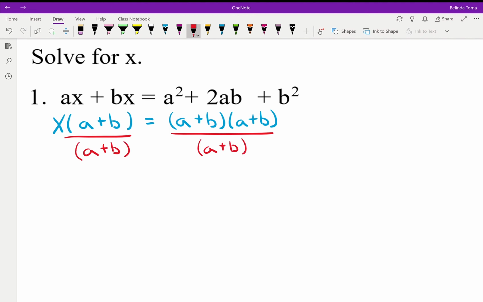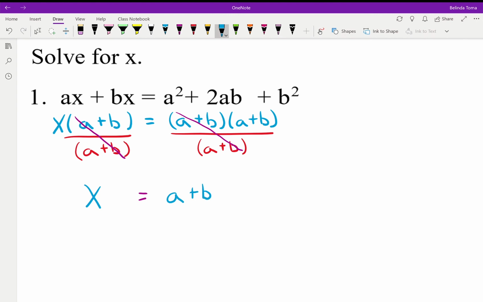which is our goal. So on the left-hand side, we're left with just an x. And on the right-hand side, because we have a common factor in the numerator and the denominator, we're left with a plus b.